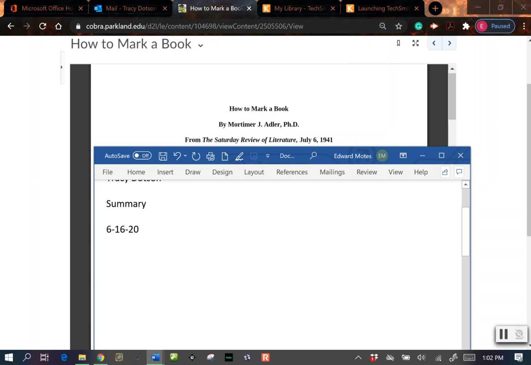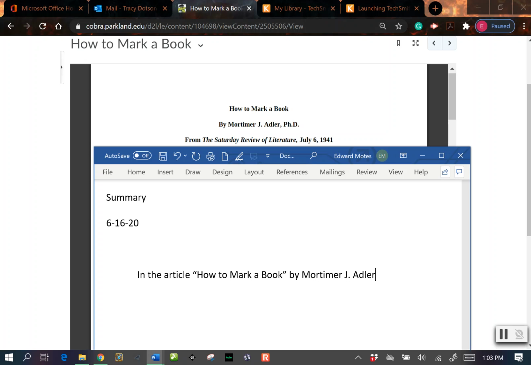Okay, so in the article, "How to Mark a Book," so here, article title, in quotes, important words capitalized, by Mortimer J. Adler, PhD.